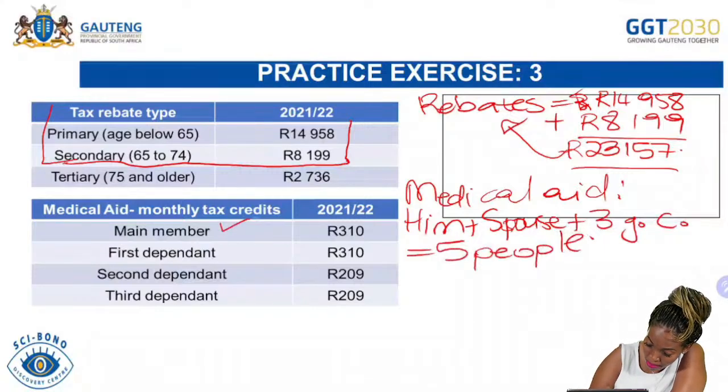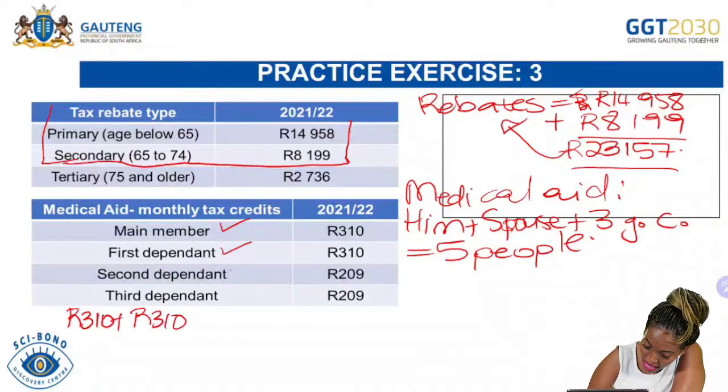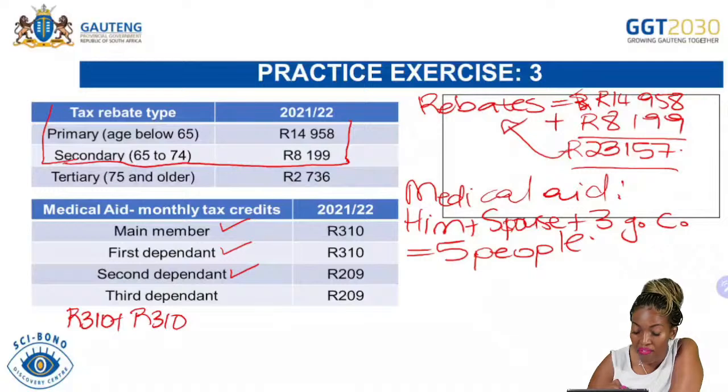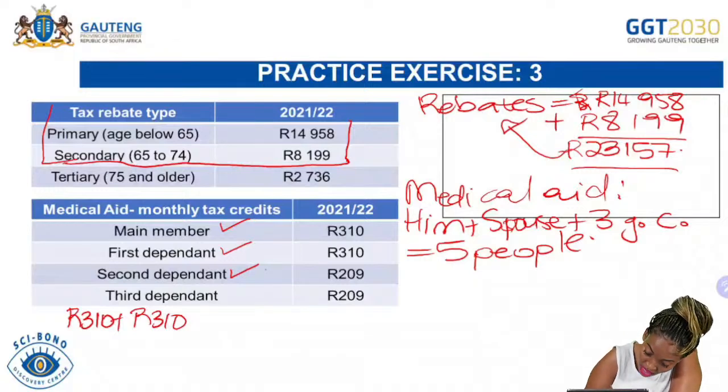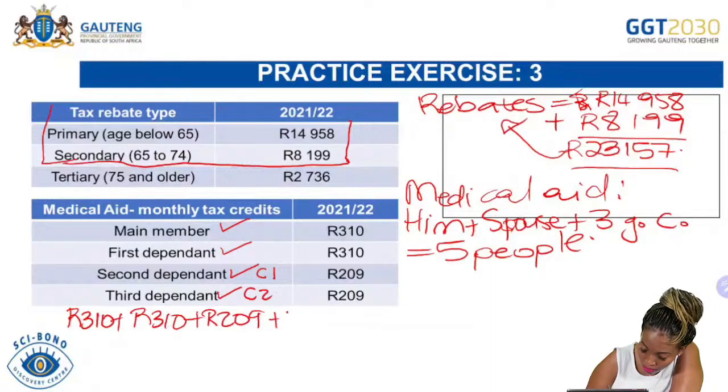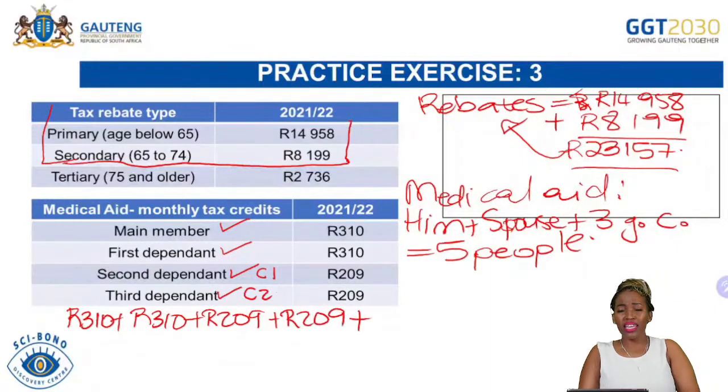For the main member, for himself, it is 310, plus for his wife, 310, plus for the second dependent, the first child on the medical aid. So this is child number 1, it is 209. This is child number 2, it is 209.